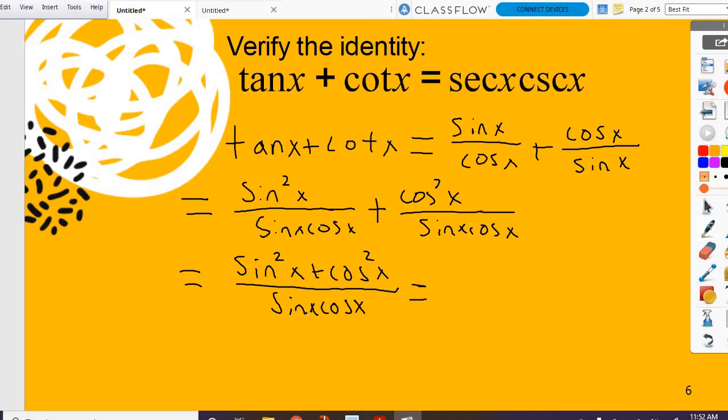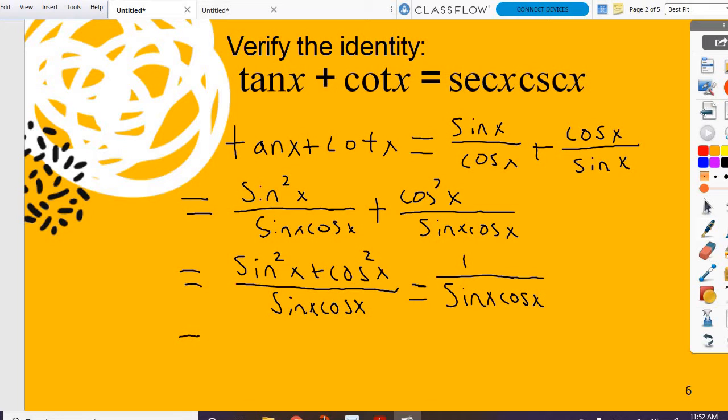Well, that's nice. Now I have 1 divided by sine times cosine. Do I have a trig identity that has fractions with sine and cosine in it? What is 1 over each? And what are those called? The reciprocal identities.